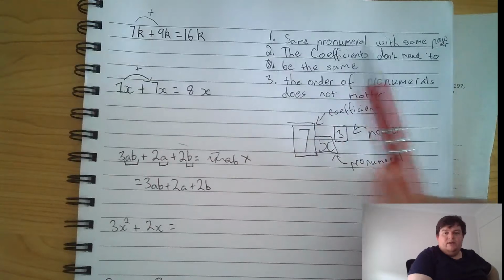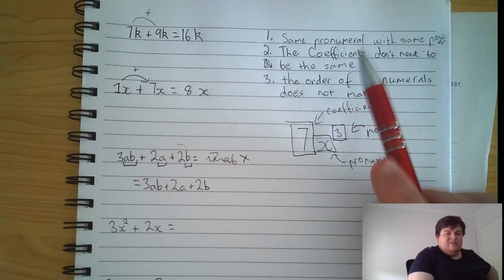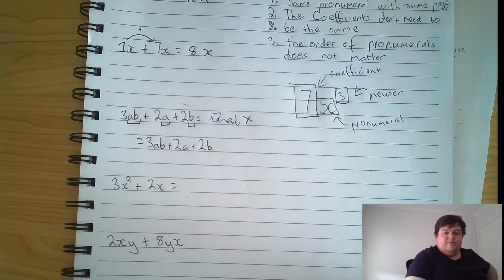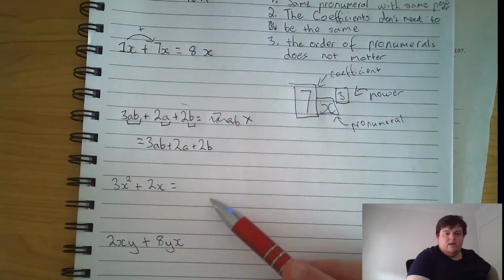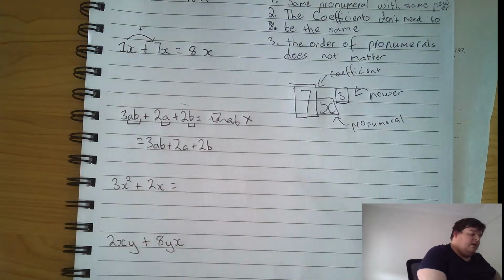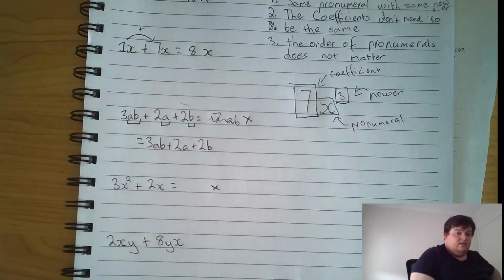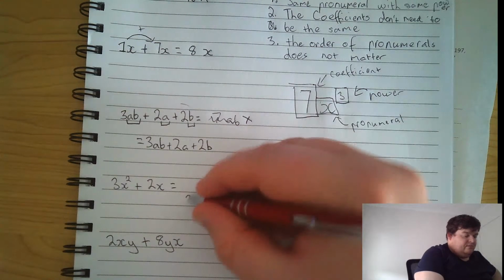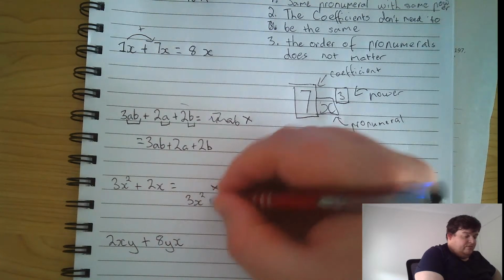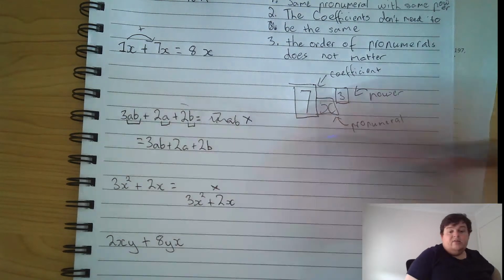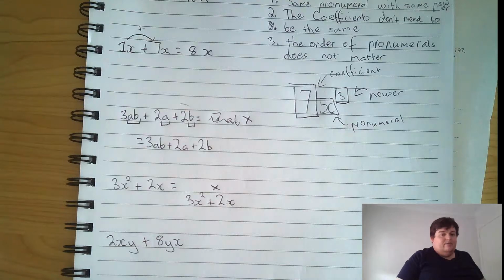Remember rule number 1. Same pronumeral with the same power. These have different powers, right? Therefore, this can't be done either, right? So that can't be done. So the answer is just the form that it's already in. Because I can't do anything. I can't collect them in any way.